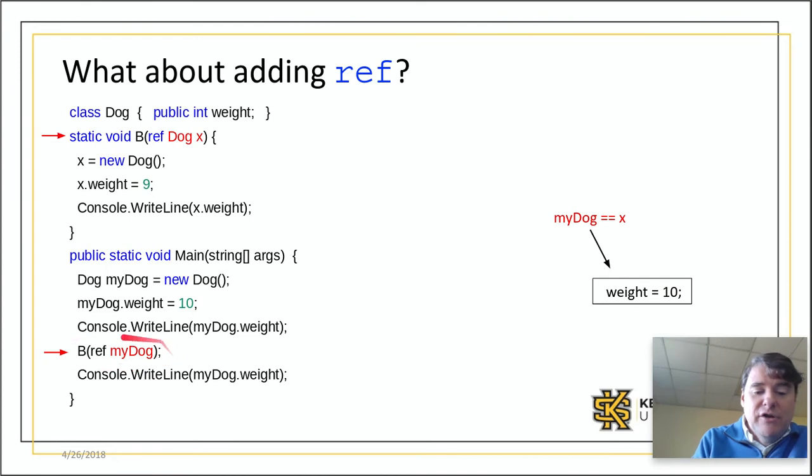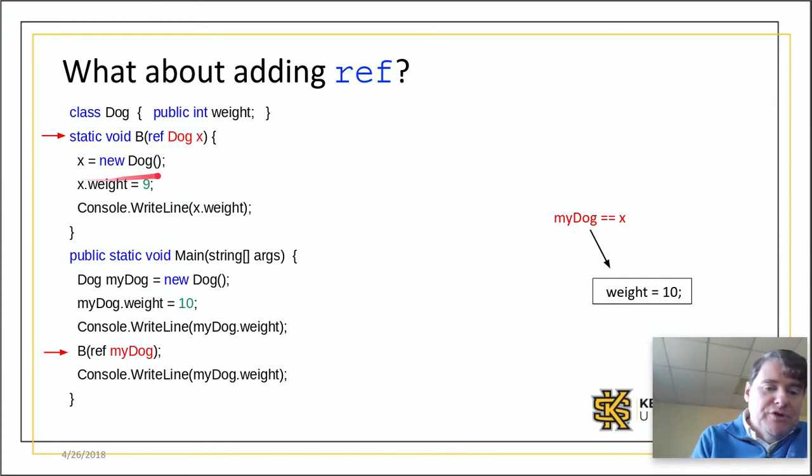I'm making a call to B, again, which is my method B up here, but this time I'm passing a reference to my dog. So when I pass a reference, I'm not getting a copy of it. I'm actually getting the same object. So X up here gets connected to my dog because of the word ref.